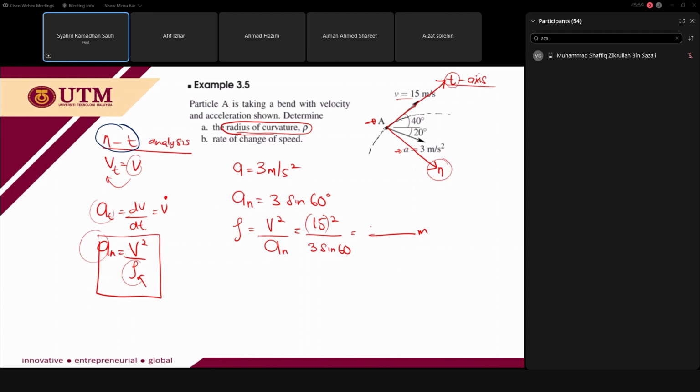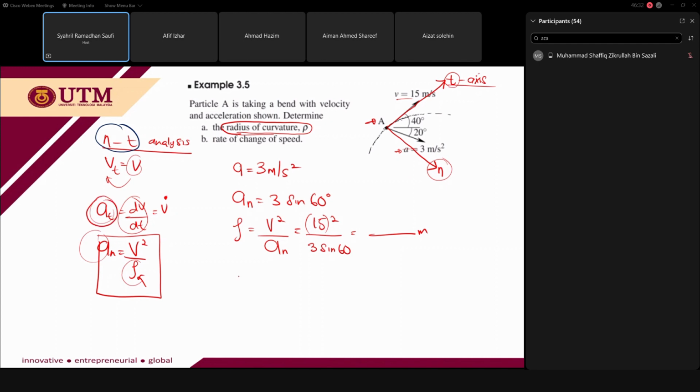Then you need to determine the rate of change of speed. The rate of change of speed is dv over dt. You know that the acceleration given is the total acceleration, so the rate of change of speed is just at.